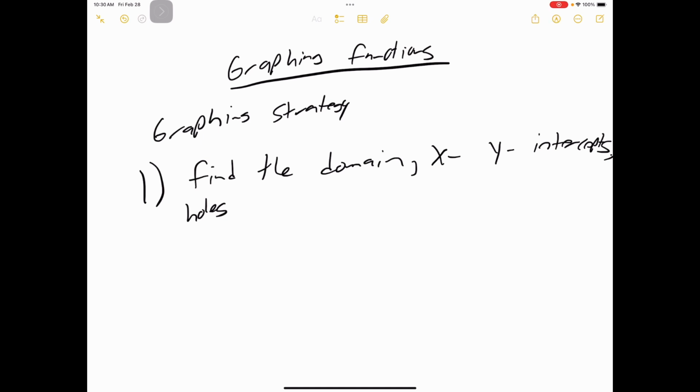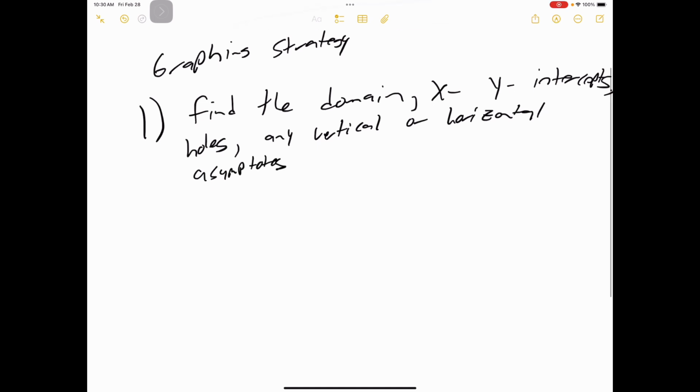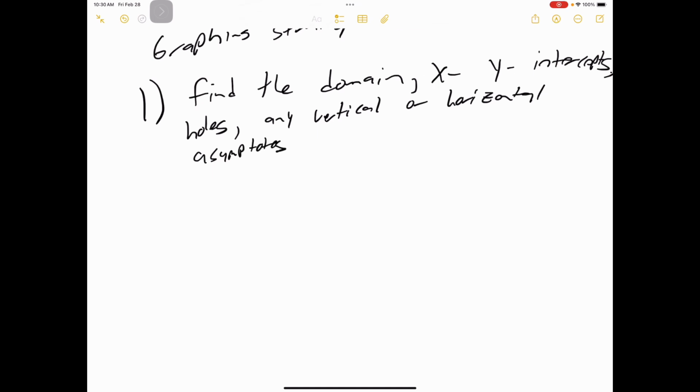Remember, holes are where we have removable discontinuities. And then any vertical or horizontal asymptotes. So that's the first step of our graphing strategy.